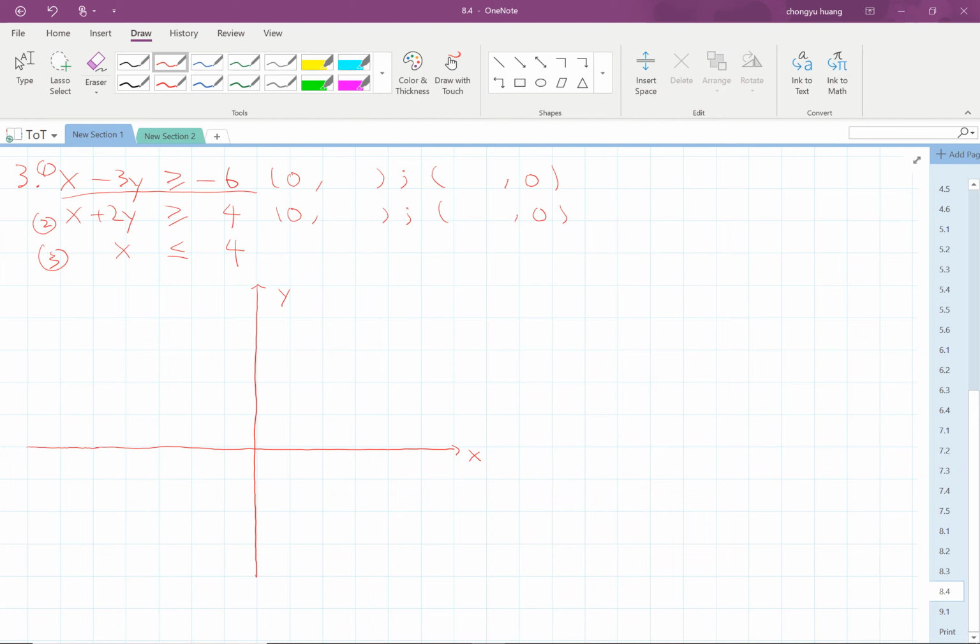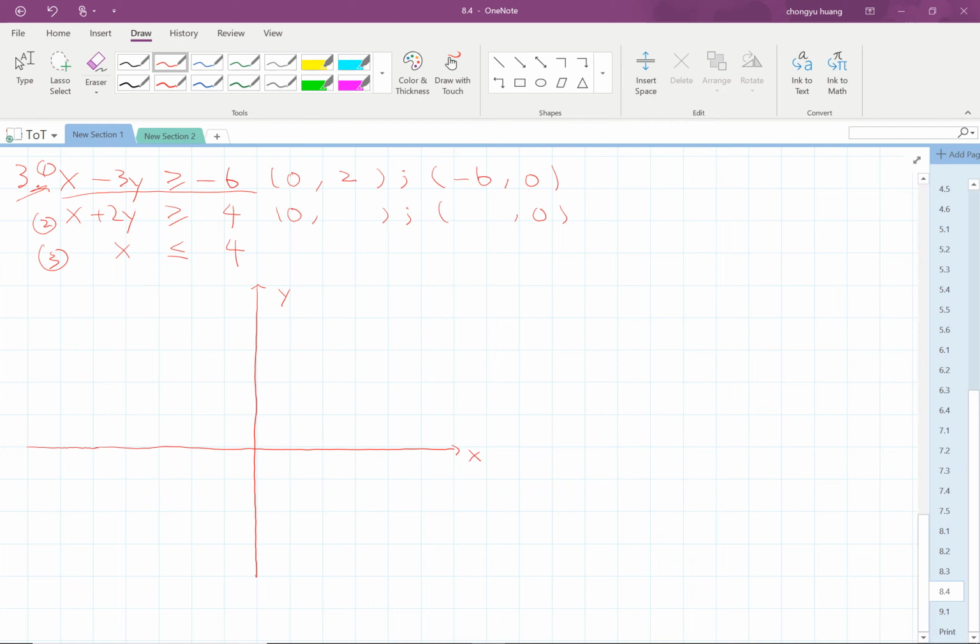Now we're trying to find those intercepts to actually draw the inequalities. Let's start with equation 1. When x is equal to 0, y is equal to 2. When y is equal to 0, x is equal to -6.